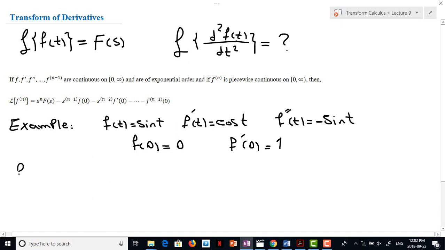If I want to find Laplace transform of f double prime, in fact, I want to find Laplace transform of f double prime, which is minus sine t.